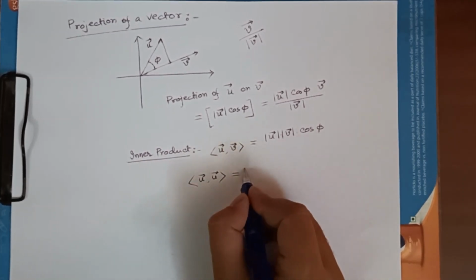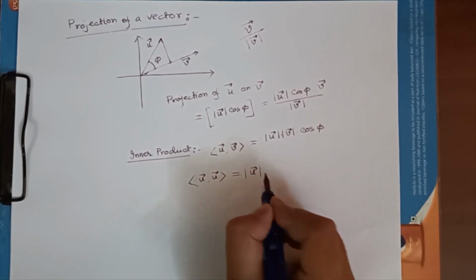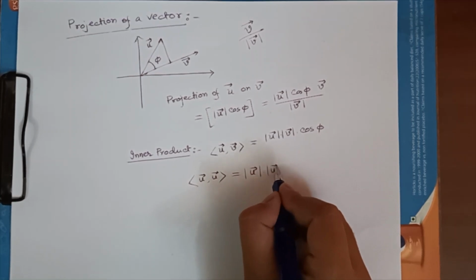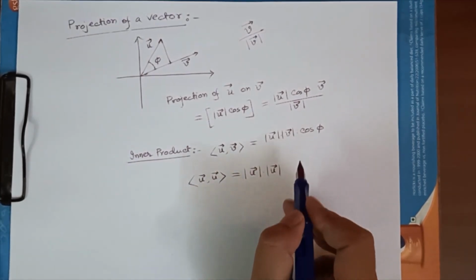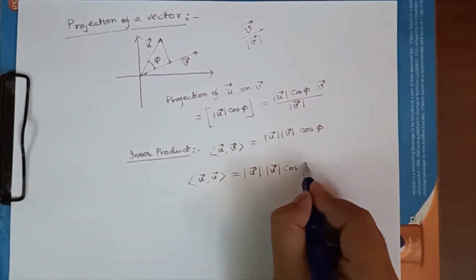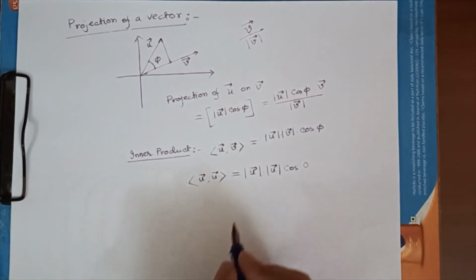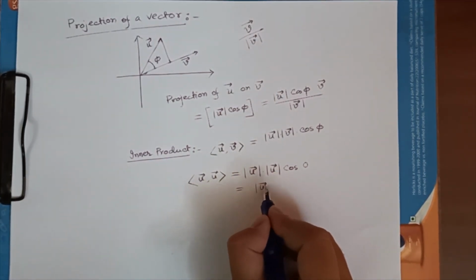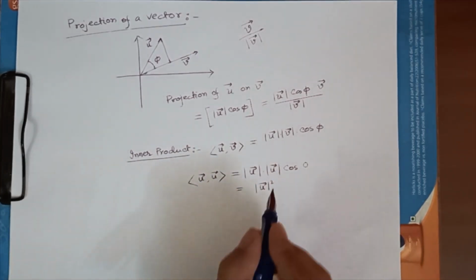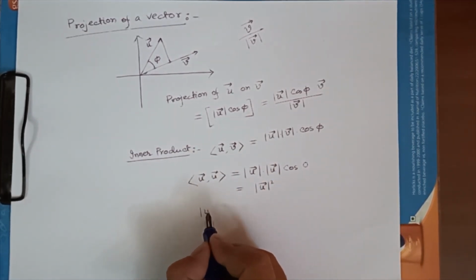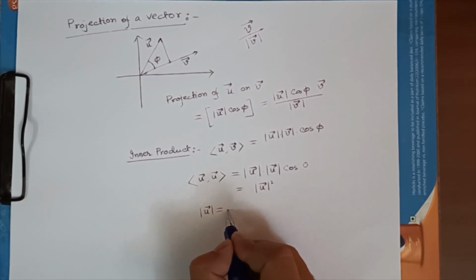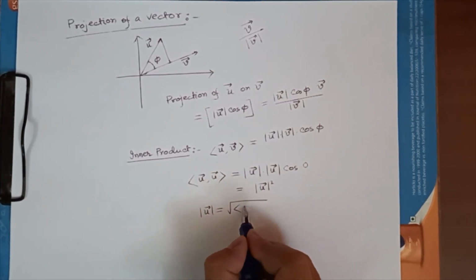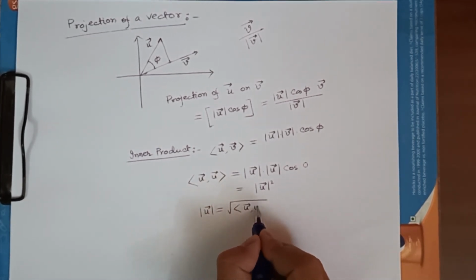You will get the length of u into the length of u, and what is the angle between u and u? 0. So cosine of 0. And what is cosine of 0? 1. And what is this? This is u square, the length of u squared. So you can see that you can compute the length of u from that inner product as the square root of the inner product of u and u.